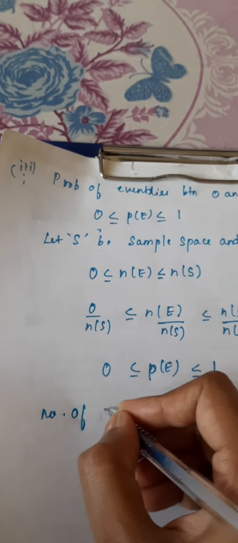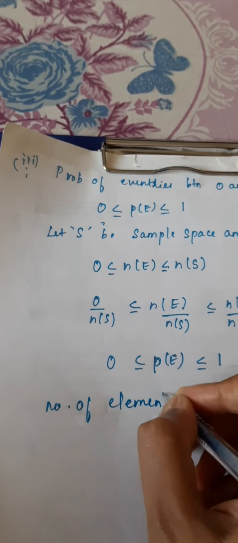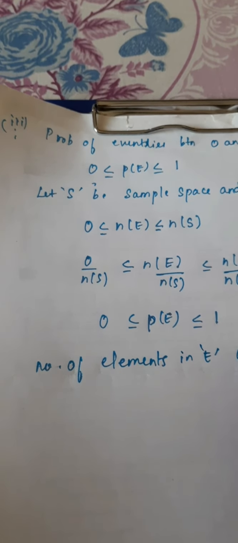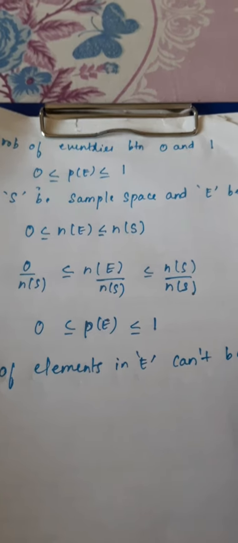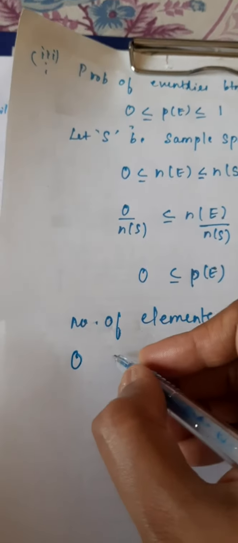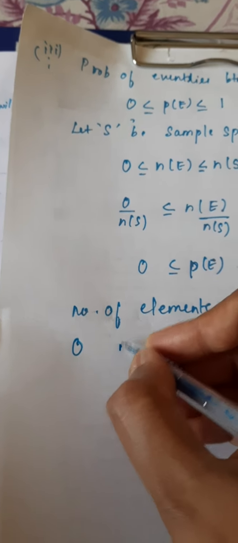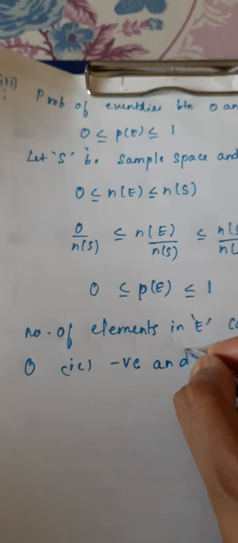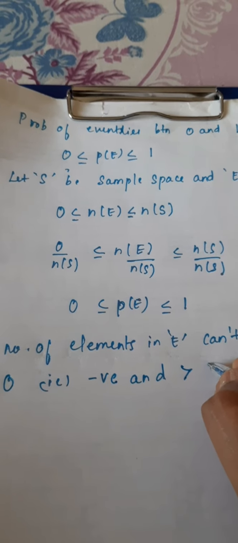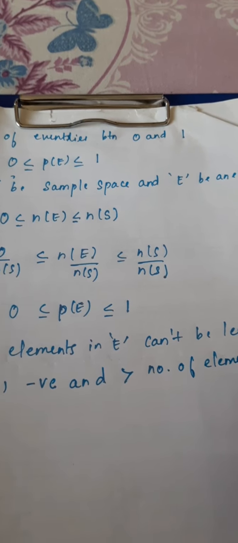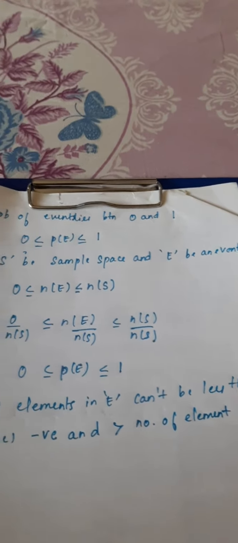So number of elements in an event E cannot be less than 0, that is negative integers, or even greater than the number of elements in the sample space S.